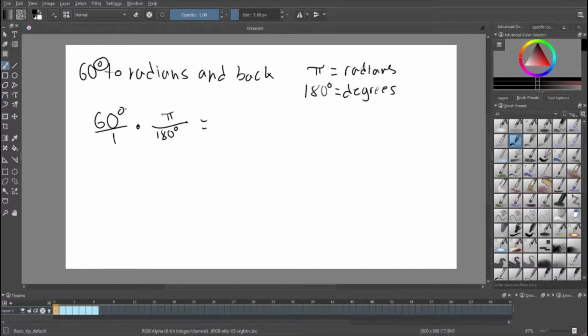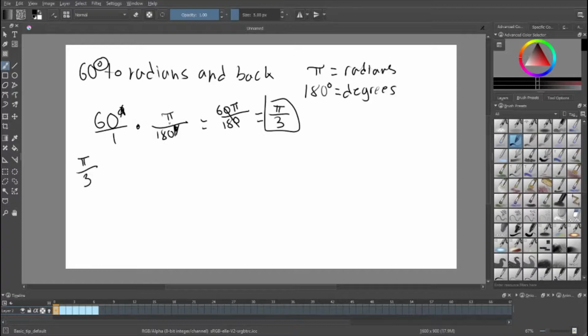And if we can simplify that, we just cross out the degree symbols and we multiply. That is 60 degrees in radians.